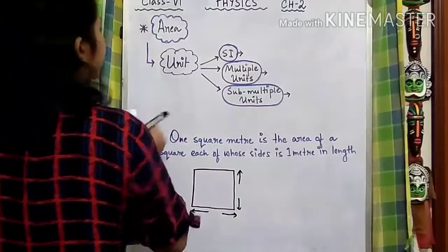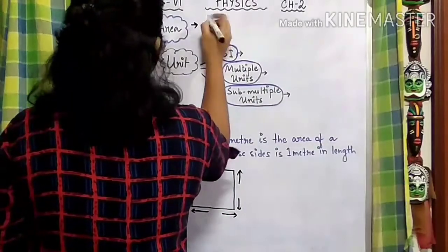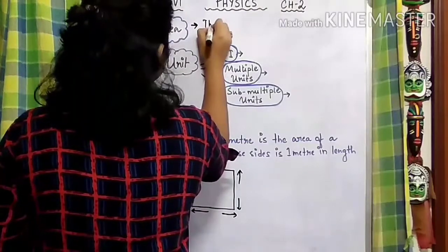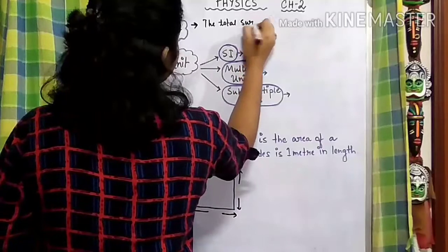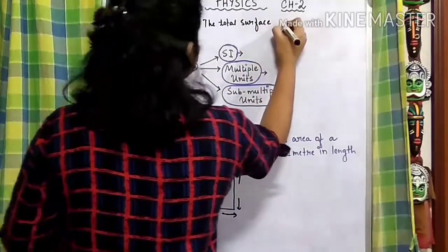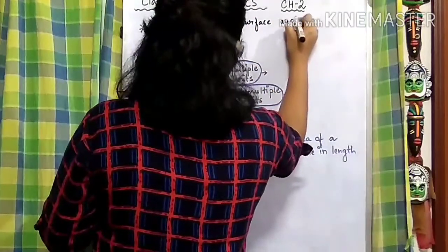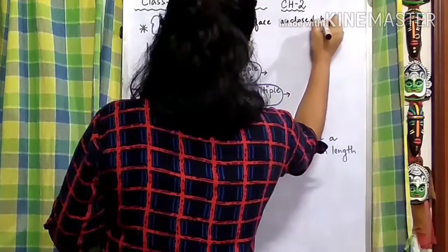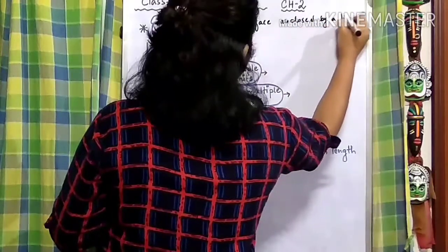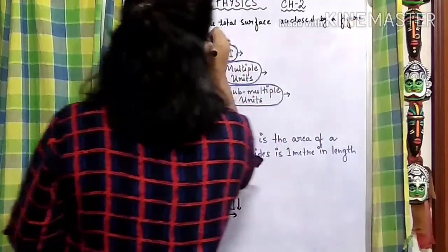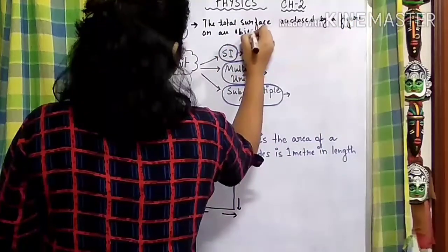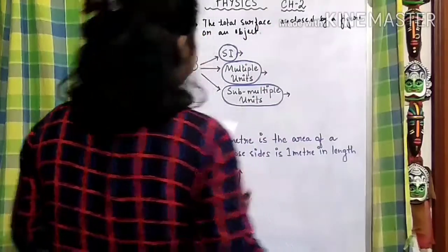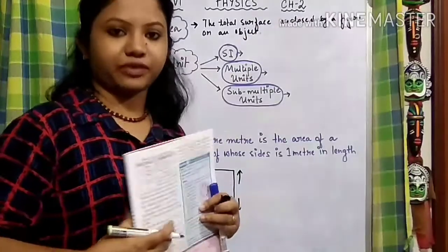Area is equal to the total surface enclosed by a figure or an object is called its area or its surface area.